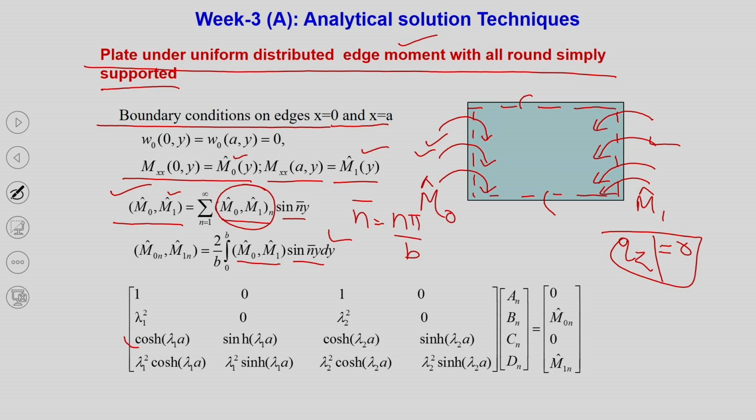So in this boundary condition, instead of putting moment 0, we are putting the applied value, and QZ is 0. Now anybody can solve this problem and find out AN, BN, CN and DN. So this is a very important solution.